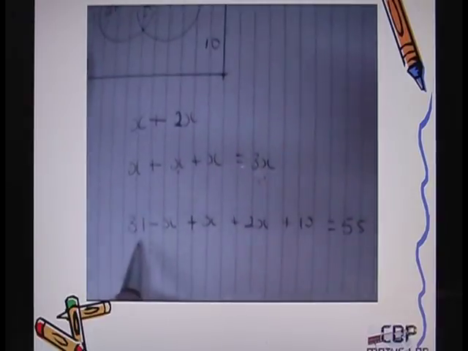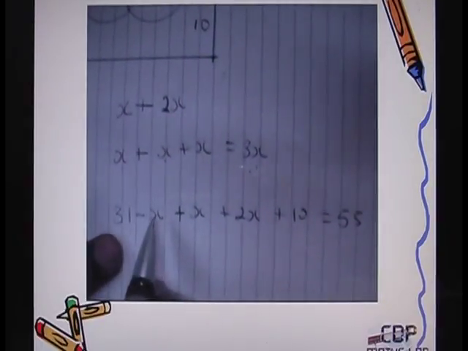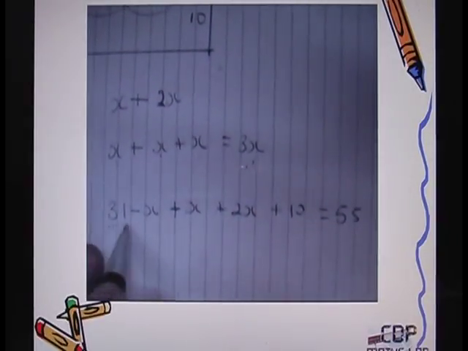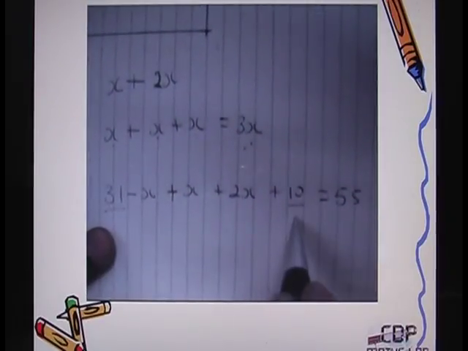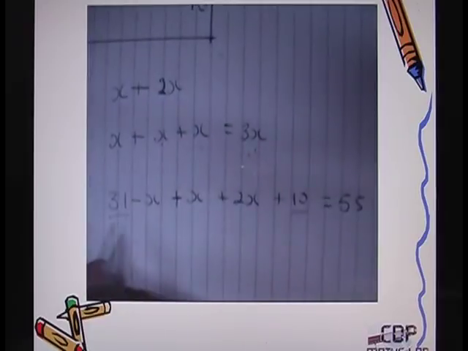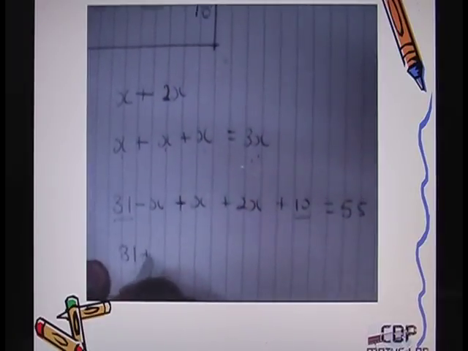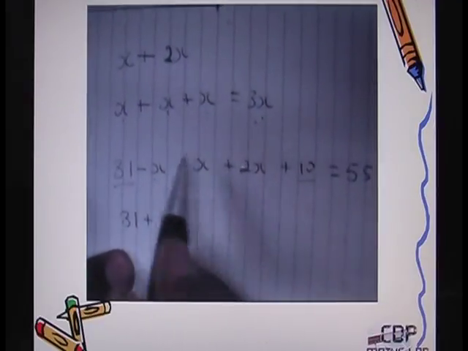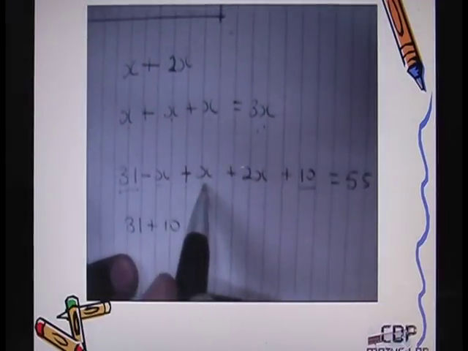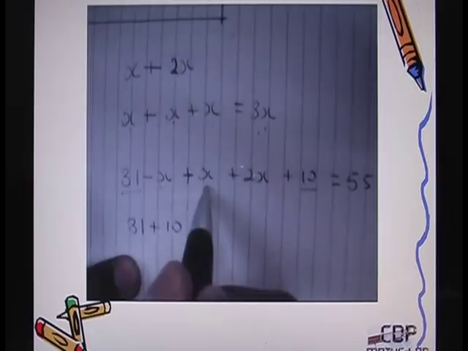Good. Now let us add the like terms first. So 31 is a whole number and 10 is a whole number, and they are like terms because they are both whole numbers. So 31 plus 10. Now let's add the ones with letters. Minus X plus X gives us an automatic 0.